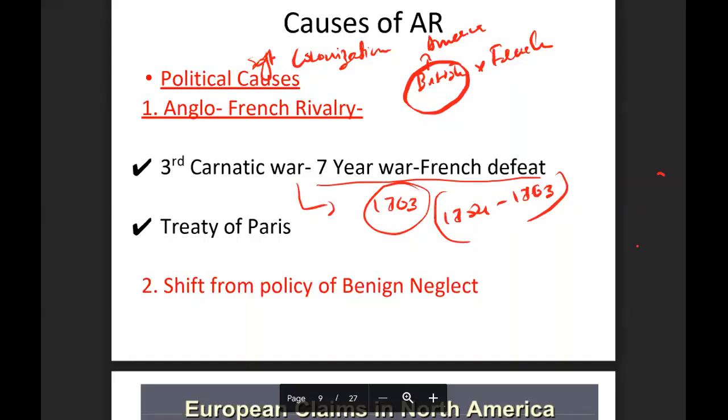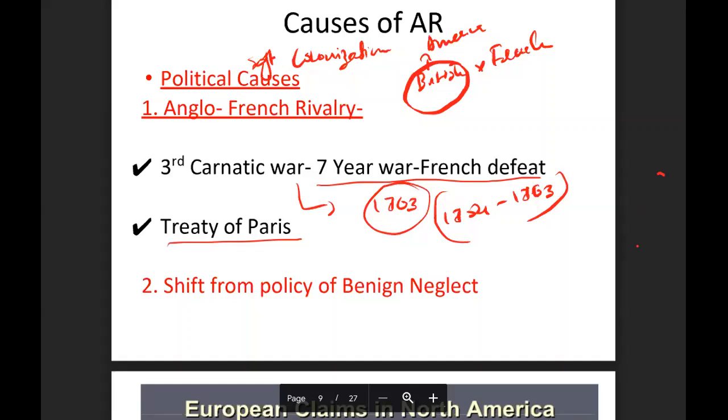Now, because Britain was on the side of victory, the French were removed from the American subcontinent also. With the Treaty of Paris, the French withdrew from almost all the colonies and were reduced to only a few small colonies in and around.